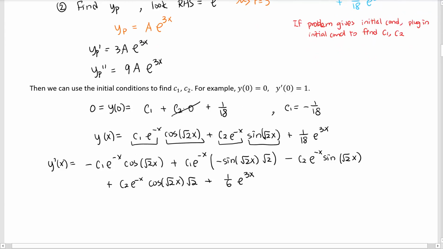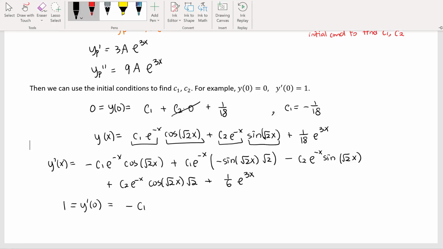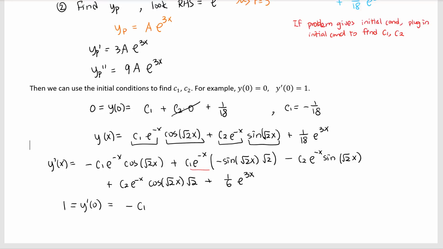Okay, so let's plug in y prime of 0 is 1. When we plug in 0, for the first term, e to the 0 is 1 and cosine 0 is 1, so we have minus c1. The second term has sine of 0, which is 0, so the second term is gone.